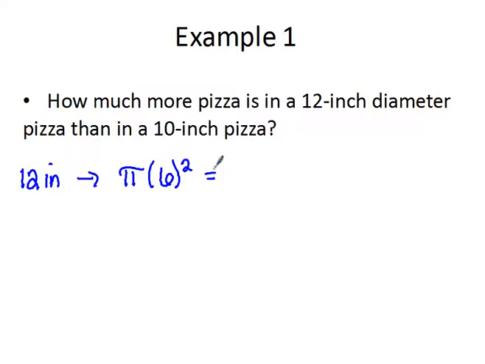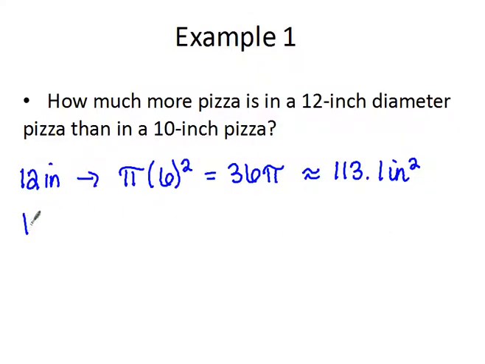So we would do 6 squared, which is 36, times pi. This is approximately 113.1 inches squared of pizza. That seems like an awful lot, doesn't it?